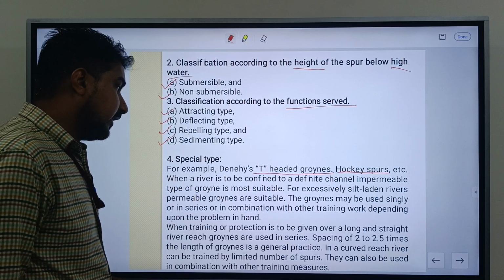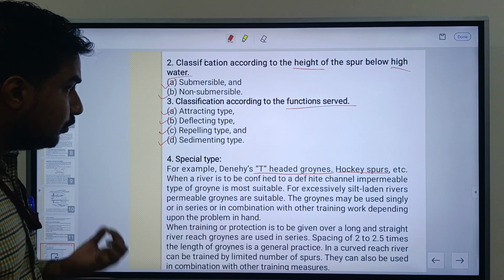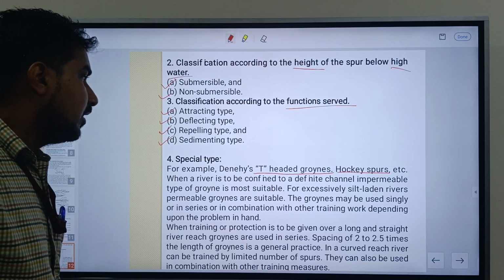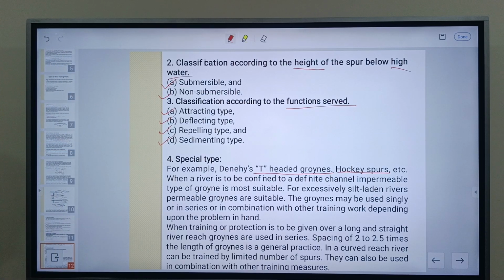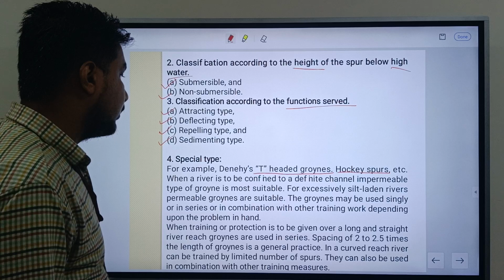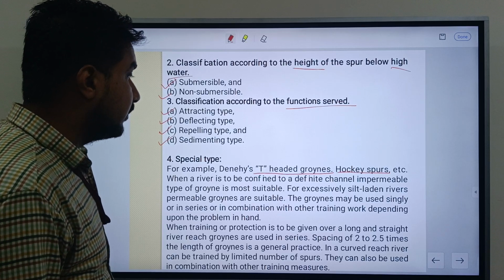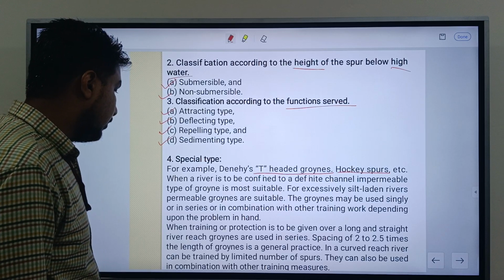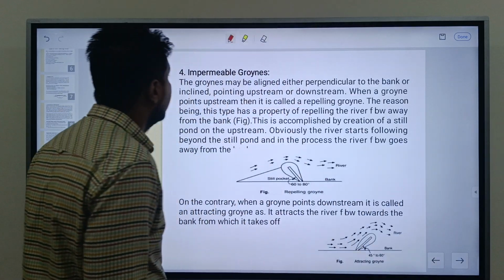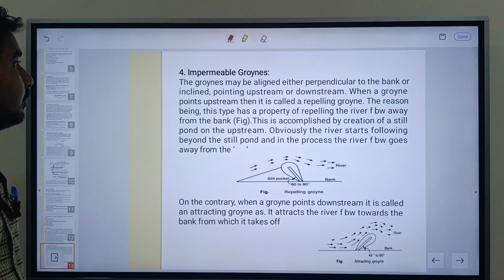When a river is to be confined to a definite channel, the impermeable type of groin is most suitable for excessive silt conditions, and the permeable groin for a suitable area. The groins may be used singly or in a series, in combination with other training work, depending upon the problem in that work.